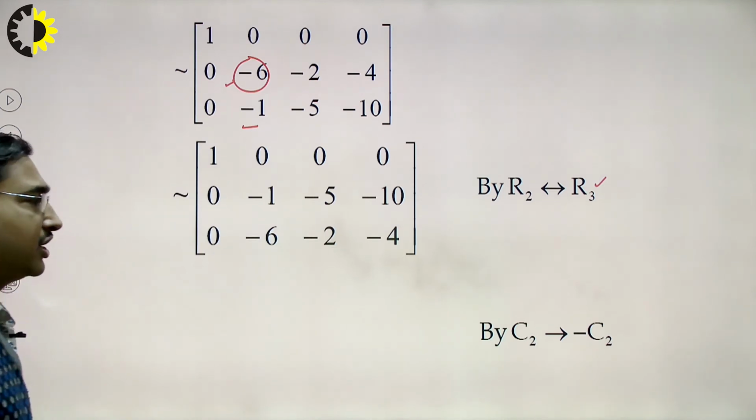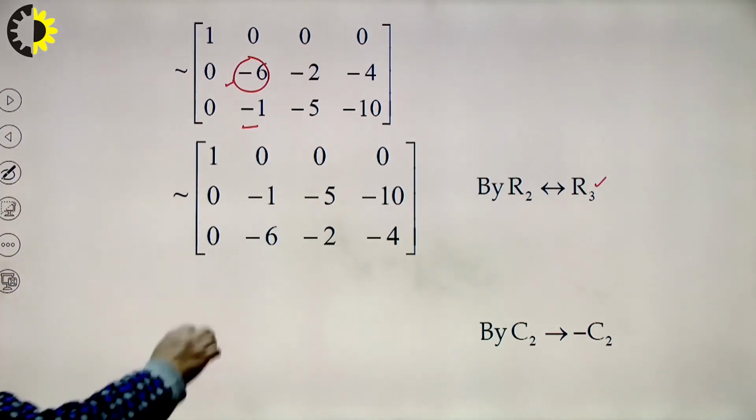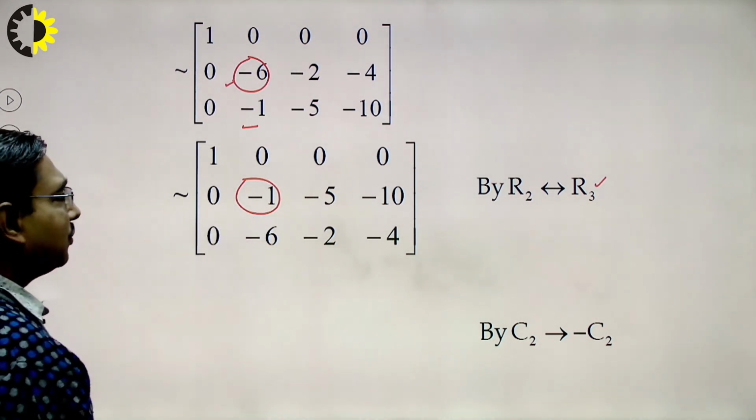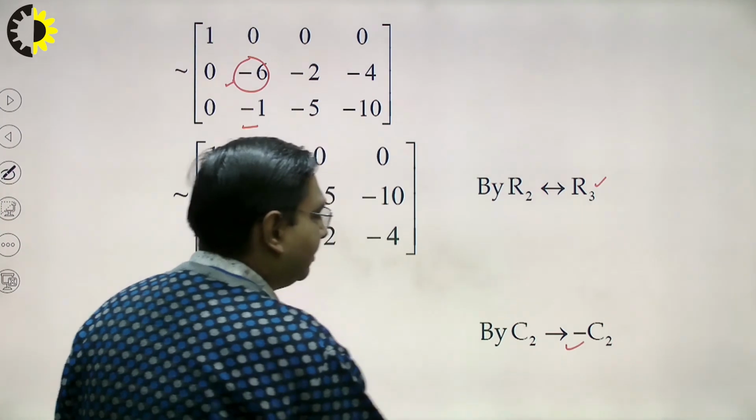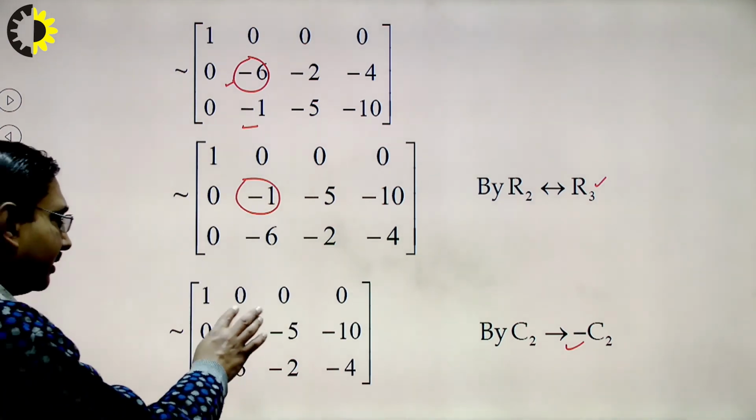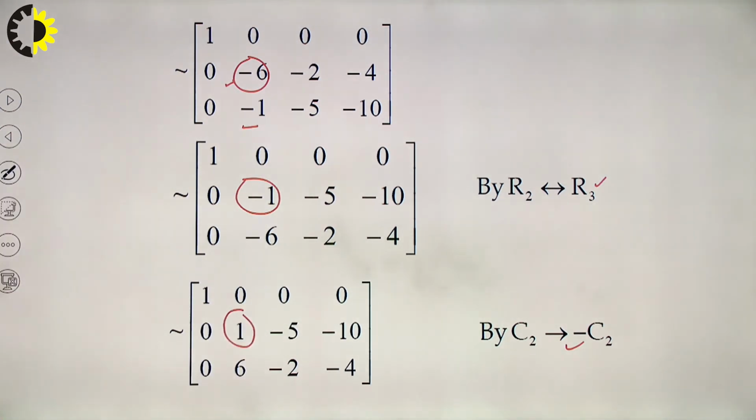Interchanging the second row and third row, I obtain minus 1 here, and with the help of this minus 1, I can easily introduce 1 by applying the transformation C2 replaced by minus of C2. In this manner, this element is converted to 1.